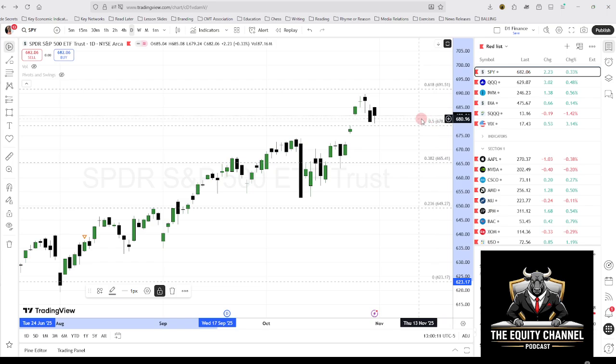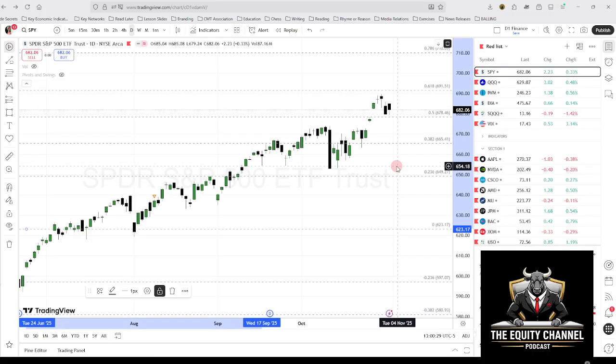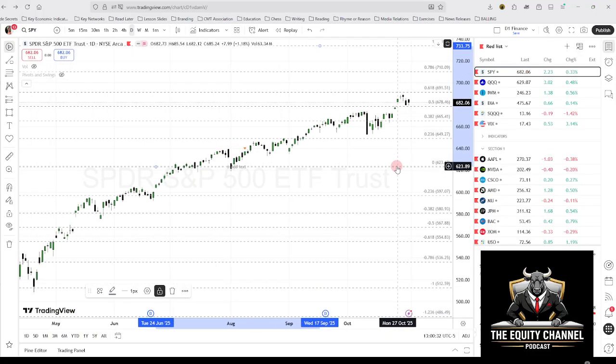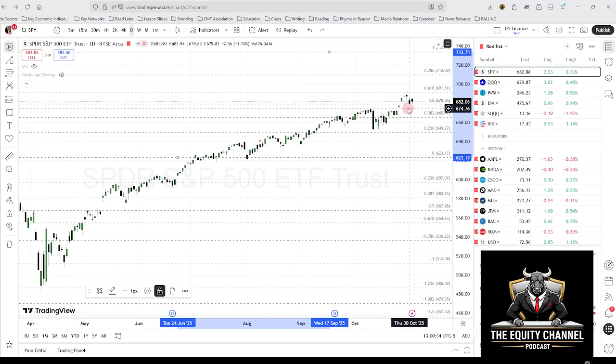The 50% retracement that you can see right here is now the monthly pivot. Okay, that is now the monthly pivot. Also, these numbers now will become my first points of support and resistance.